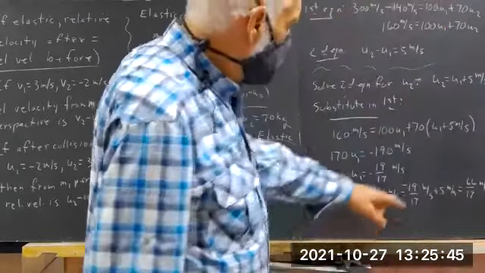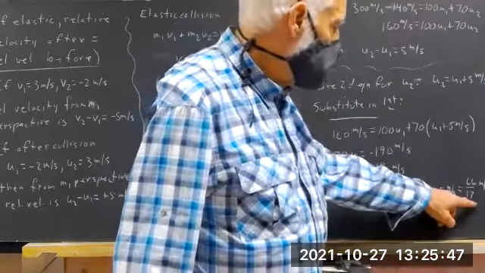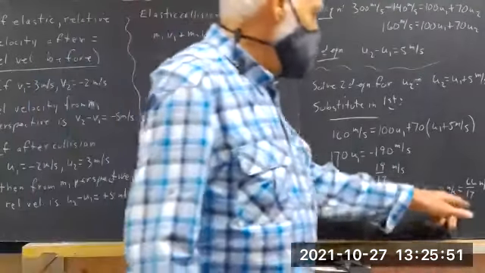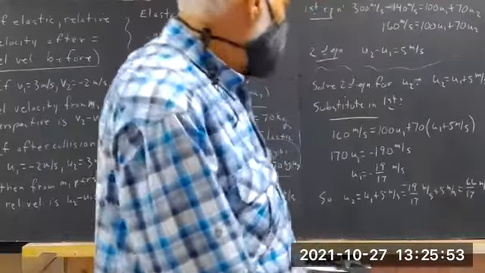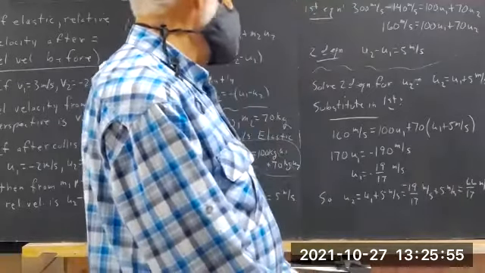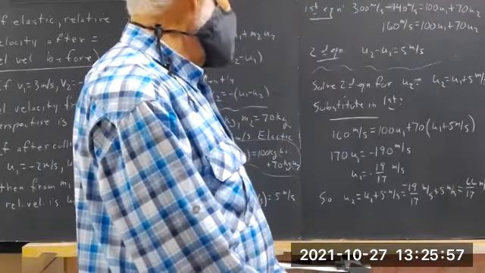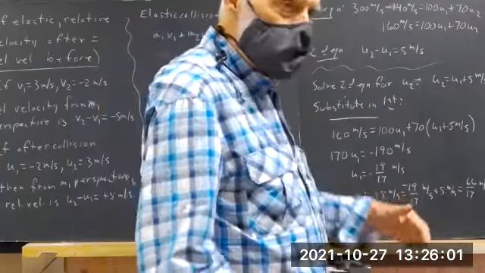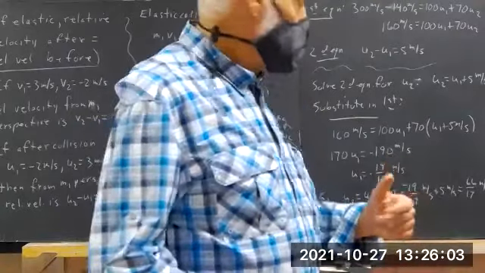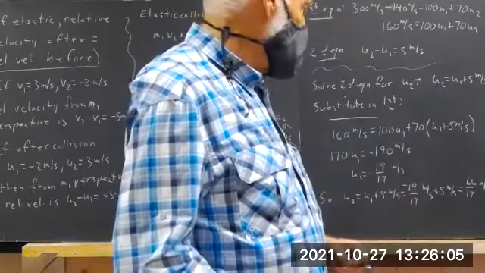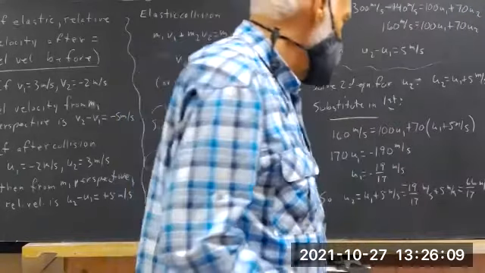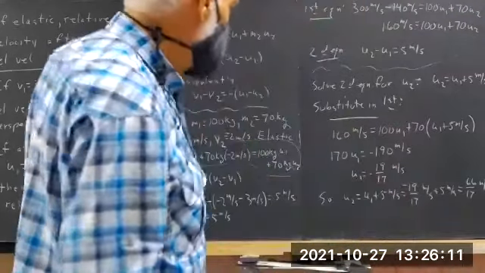So U1 is a little over negative 1 meter per second, and U2 is a little less than 4 meters per second. So a little more than 1 meter per second back this way, a little less than 4 meters per second that way.